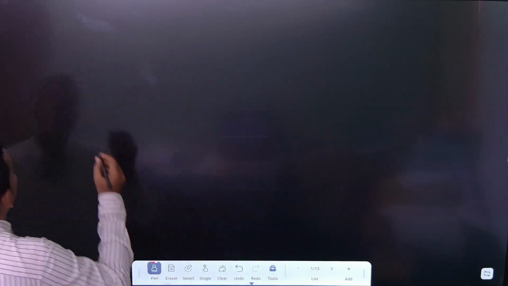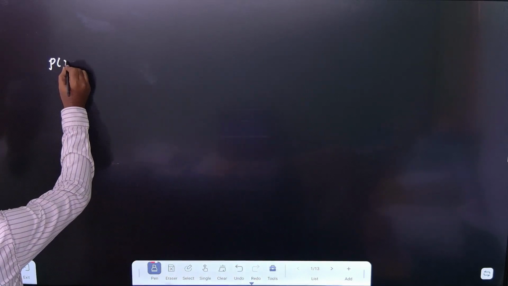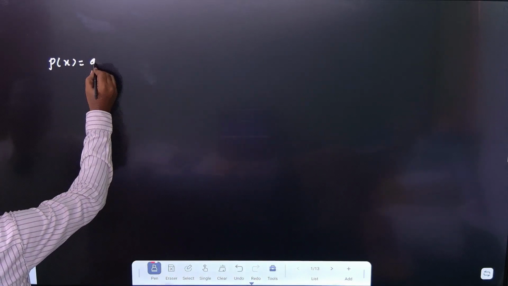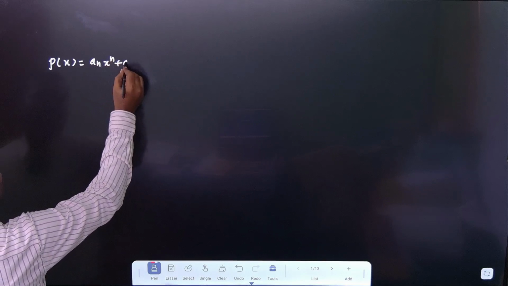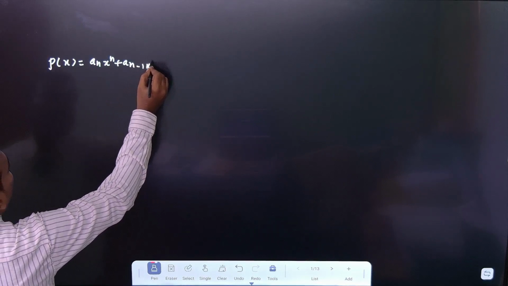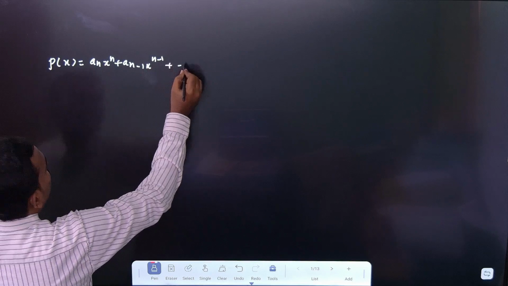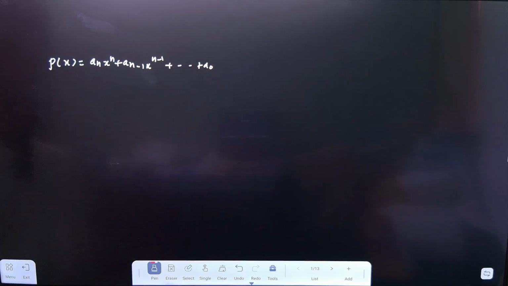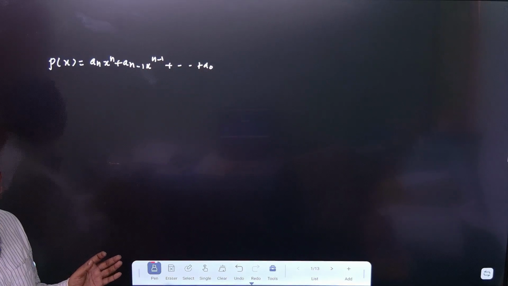Okay, let's get started. So today's class is polynomials and polynomial equations. You know what is meant by a polynomial. Let us take p of x equal to a_n x to the power n plus a_(n-1) x to the power n minus 1, and so on, up to a naught. This is a polynomial, right?